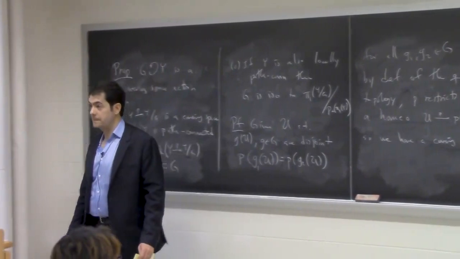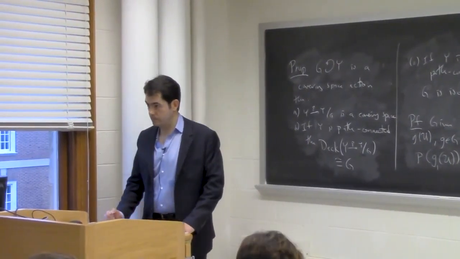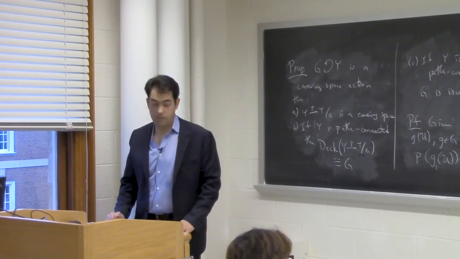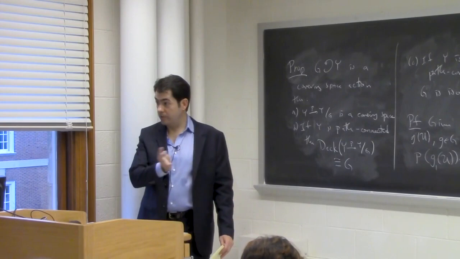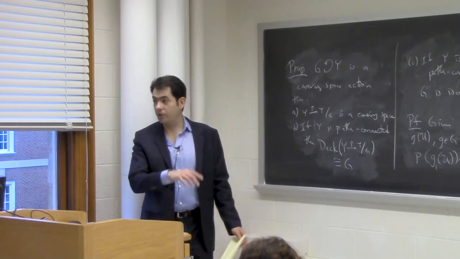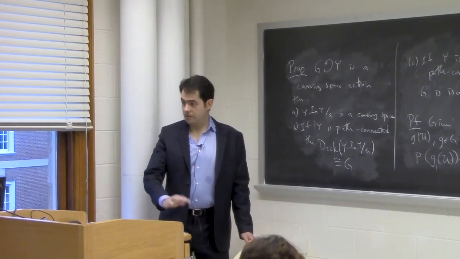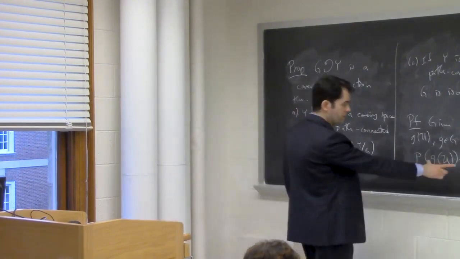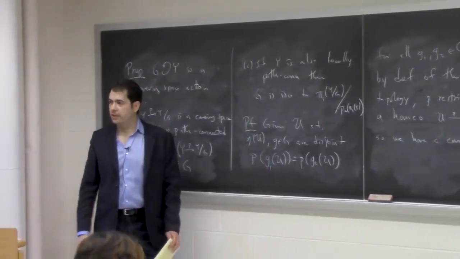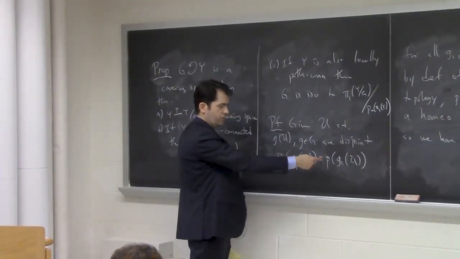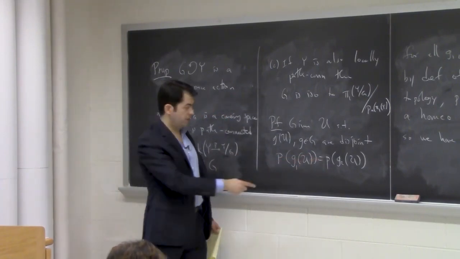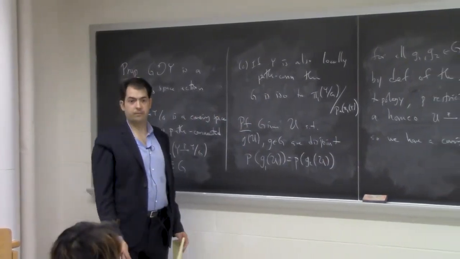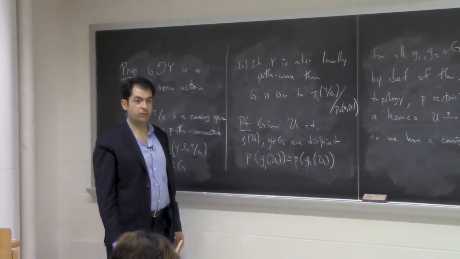For your first statement, why do we need the G of U to be disjoint for that to hold? Well, I want to get a covering space, so I want things to be evenly covered. So you're not saying if they're disjoint, then P of G1 of U is P of G2 of U? That's correct. This is always going to be true because P doesn't care about what you do with G. But because these are disjoint, I now have an evenly covered neighborhood downstairs.